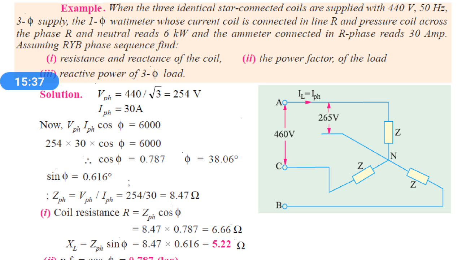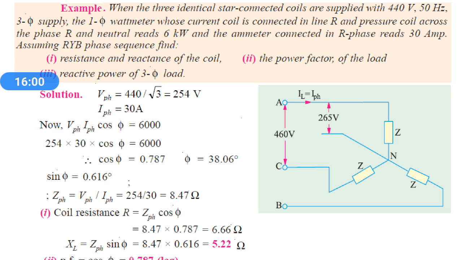440 divided by root 3 means V phase, that is 254, and I phase is also given, the ammeter reads 30 ampere. Ammeter connected in R phase reads 30 ampere means that is IL, and IL equal to I phase in star connection. So I phase equal to 30 ampere.